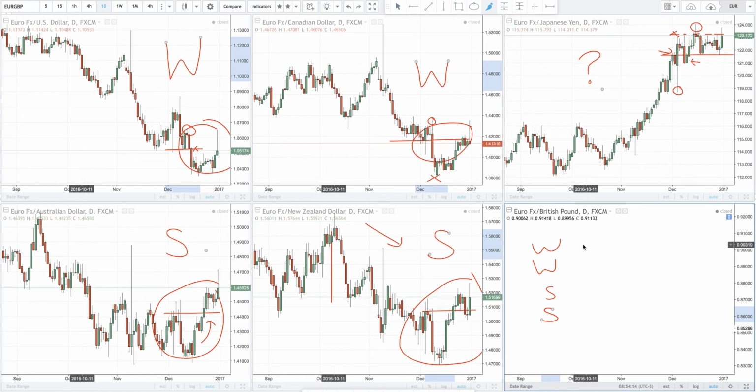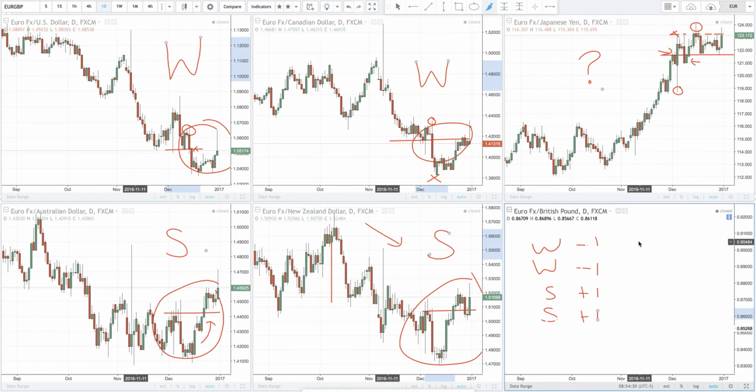So a weak is like saying, okay, well, we're going to give it a -1 score. Another weak, -1 score. A strong is +1. A strong is +1. And then a neutral is 0. A neutral is 0.